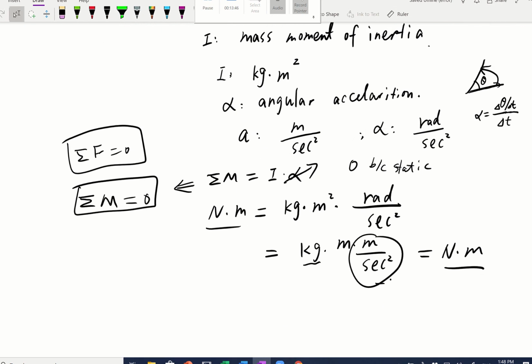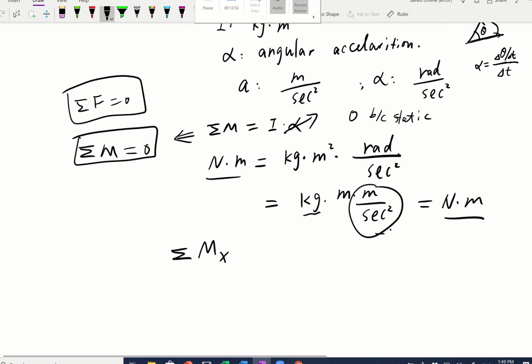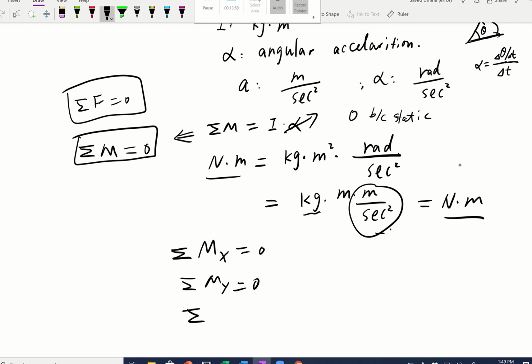So in other words, if it is static, we're going to get another set of equations. Moment rotating about the x axis will be equal to 0. Moment rotating about y will be equal to 0. Same with the moment about z will be equal to 0. That's going to be another 3 equations.